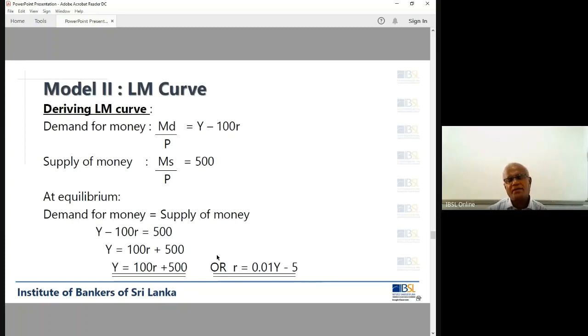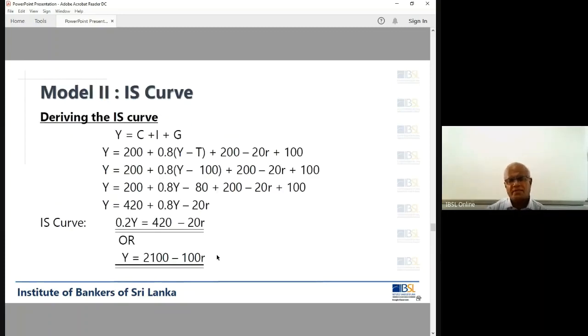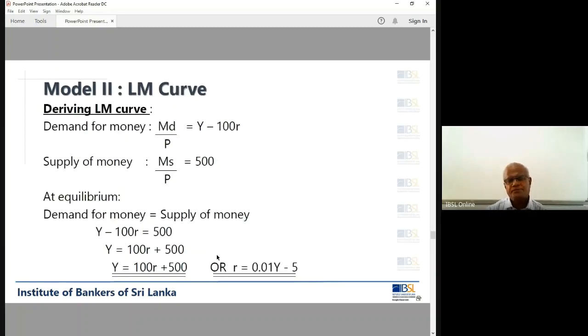You have the IS curve and the LM curve. The point of intersection is what? Equilibrium GDP and equilibrium interest rate. Equilibrium income and equilibrium interest rate in the economy.